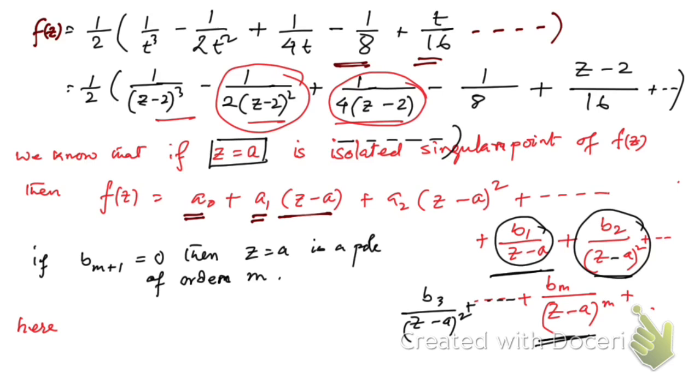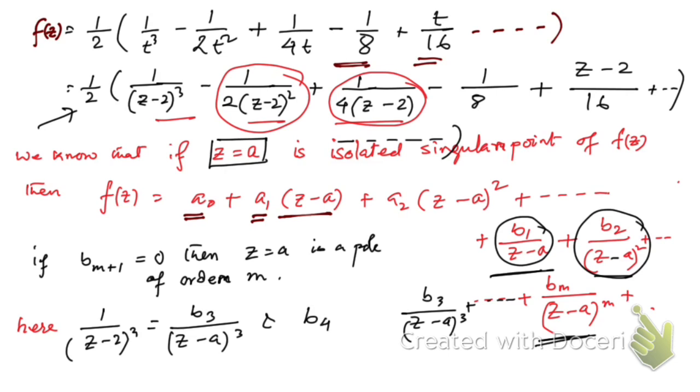So now here this term is missing. b4 is equal to 0 in this series, right? b4 by z minus 2 whole to the power 4, that is missing here. So that's why we can say b4 is equal to 0 here. So here we will get 1 by z minus 2 whole to the power 3 is equal to b3 by z minus a whole to the power 3, and b4 is equal to 0 here.